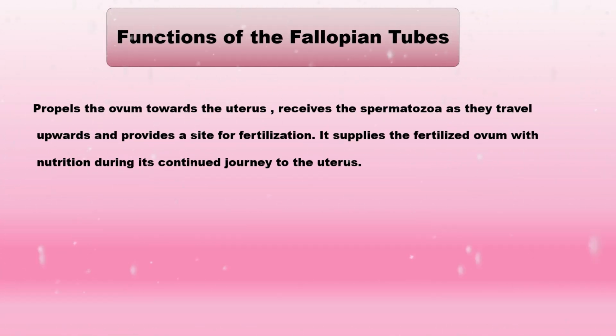Also, it supplies the fertilized ovum with nutrition during its continued journey to the uterus, and here we are talking about the microscopic structure, specifically the lining, which is made up of ciliated cuboidal epithelium thrown into folds known as the plicae.